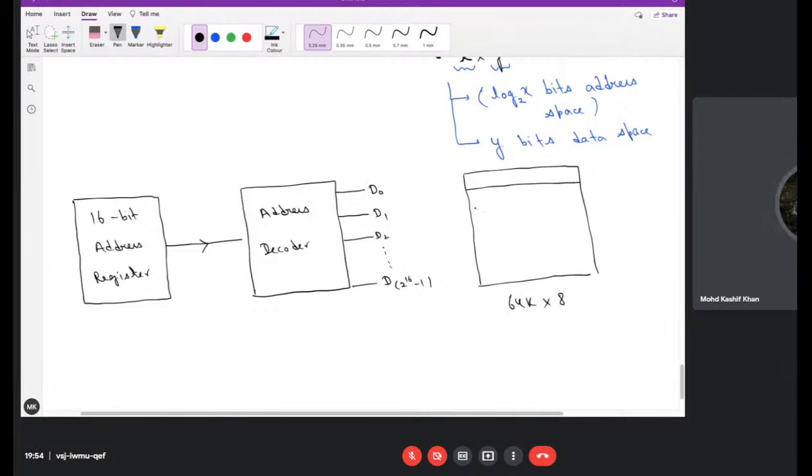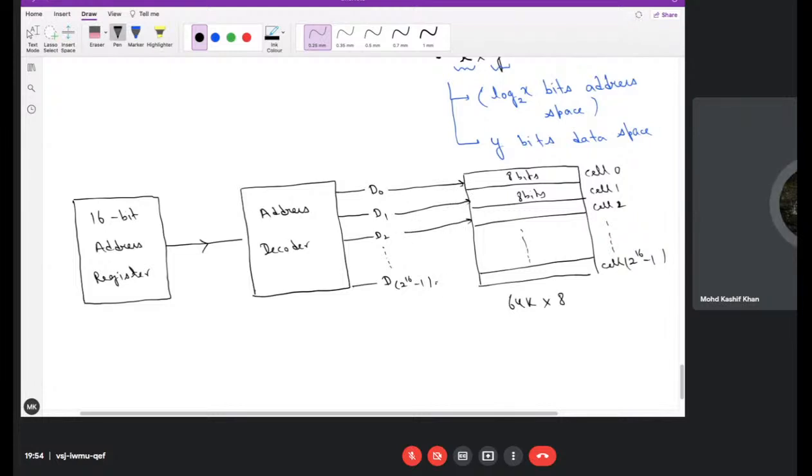Suppose this is one cell, this is second cell, 0, 1, 2, and then other cells, right? Each cell will be of 8 bits, right? This is cell 0, this is cell 1, cell 2, and that way it will go up to cell number 2 to the power 16 minus 1. So this will be associated with each cell, right?